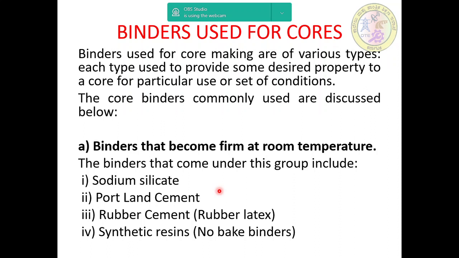The vent holes are made in the core, after which carbon dioxide gas is passed through it. The core hardens rapidly, within a few seconds after gassing is stopped.